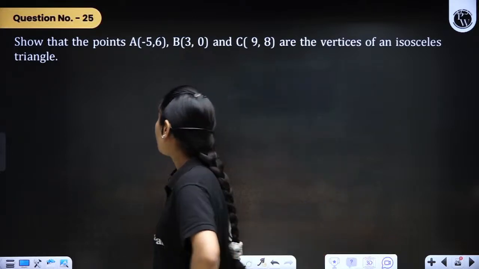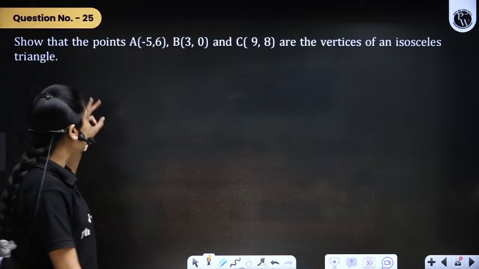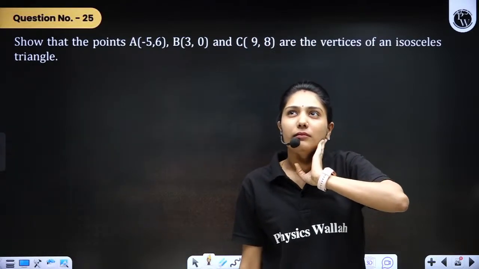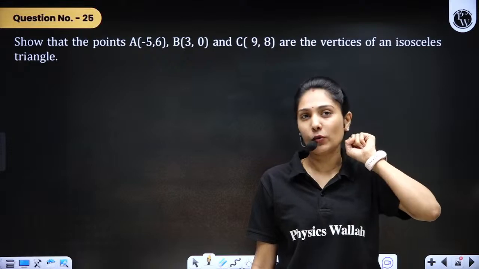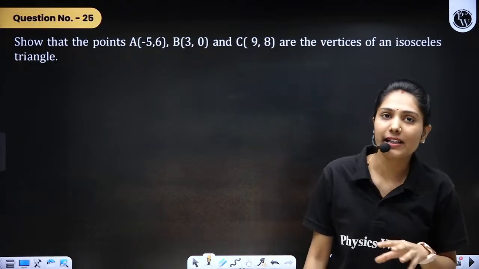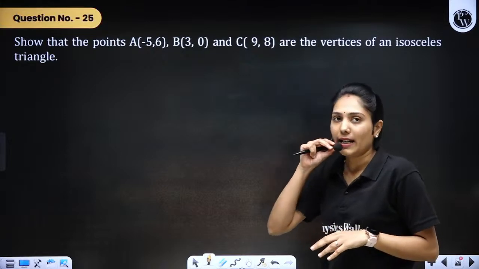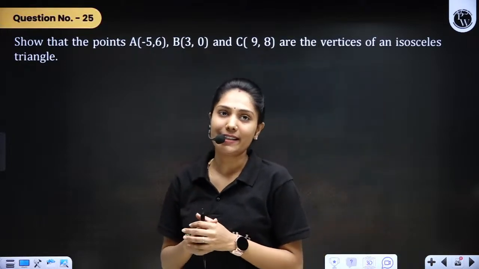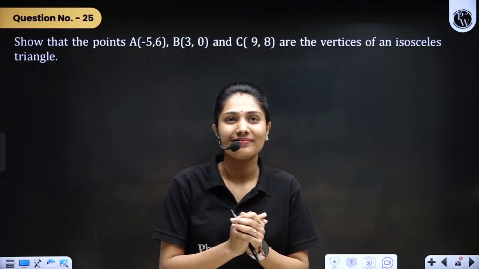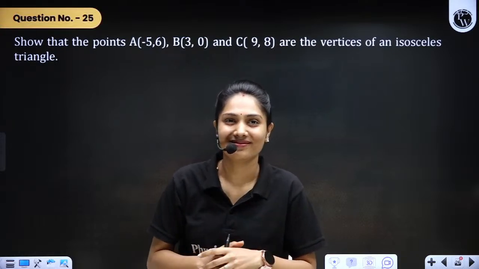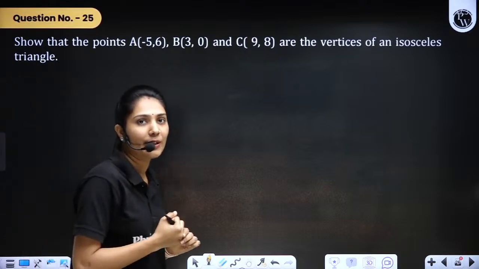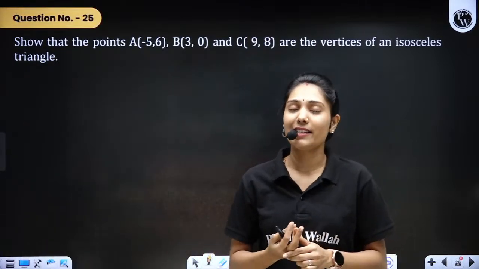So we will find the distance between AB, BC and AC, and when the distances of two sides are the same, in that case we can say that the given vertices are of an isosceles triangle. No, not the midpoint formula. Absolutely not. We are going to use the distance formula here.